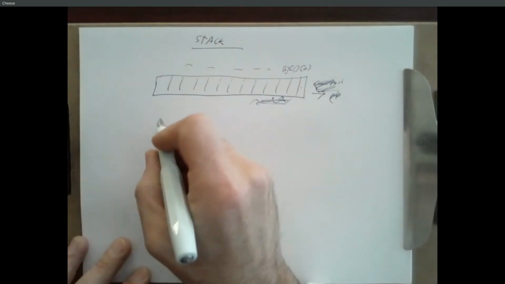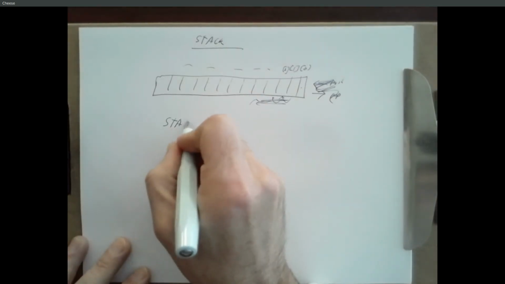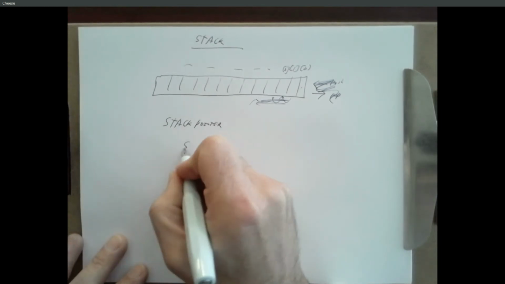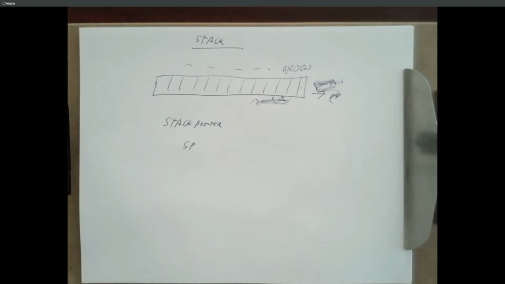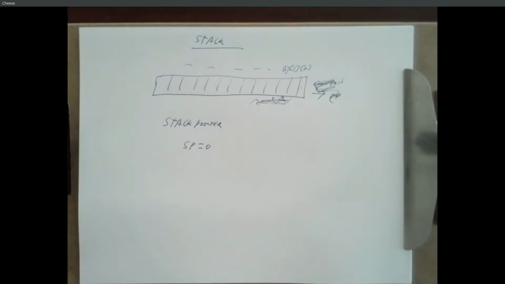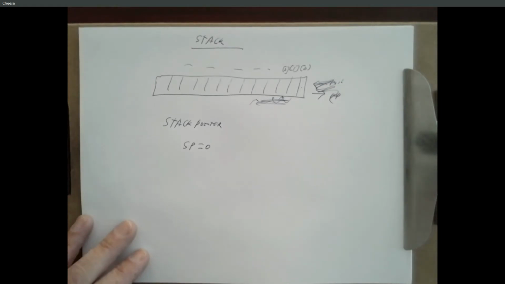And so we have something called a stack pointer. And I'm just going to call it SP. And I'm going to initialize SP to 0. And I'm going to put a comment here. There are 4 or 8 or 16 ways this comment can be written, so we're going to pick one of these for now.